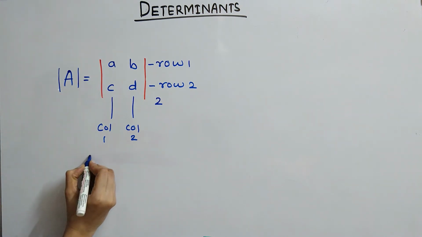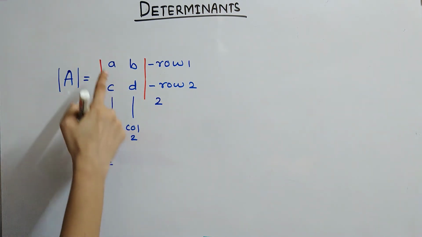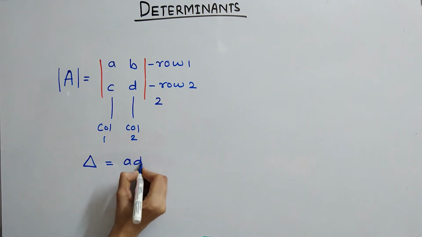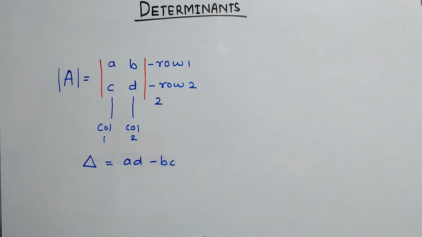Now the value associated with this determinant is ad minus bc, which is nothing but the subtraction of cross multiplication, and the number ad minus bc is called the value of this determinant. So let's see one example so that you can understand it better.